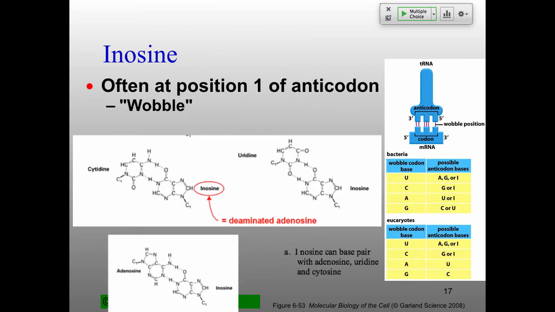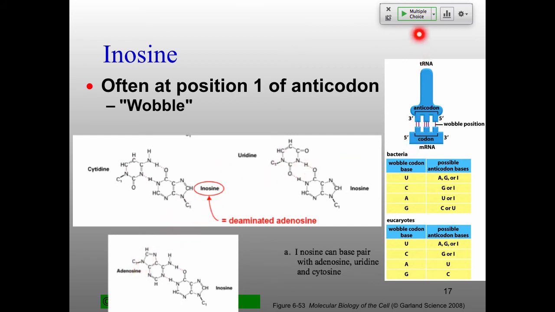But I'd like to concentrate on inosine. Again, our normal adenosine, which is down here, would have an amine group hanging off here. Inosine is missing that amine. Sorry, it should be right here. And it can base pair with cytidine, uridine, or adenosine.